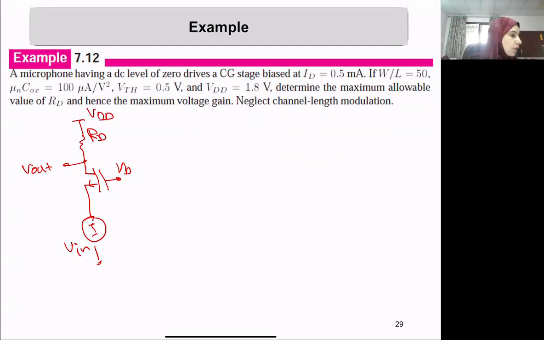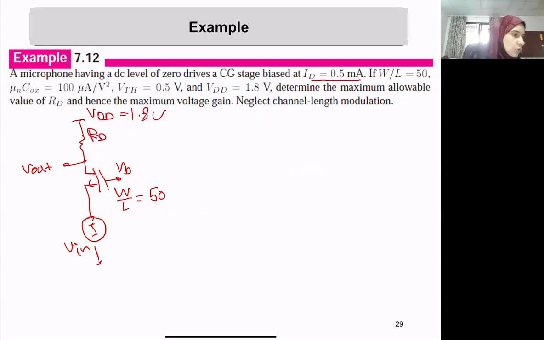ID equals half a milliamp, W over L equals 50, mu times COX is 100 microamps per volt squared, threshold voltage is 0.5, and VDD is 1.8 volts. We need to decide the maximum allowable value of RD and the maximum voltage gain that we can get from this.